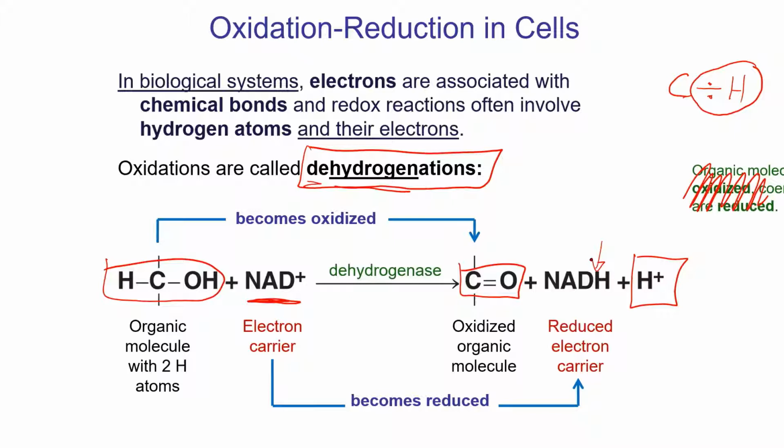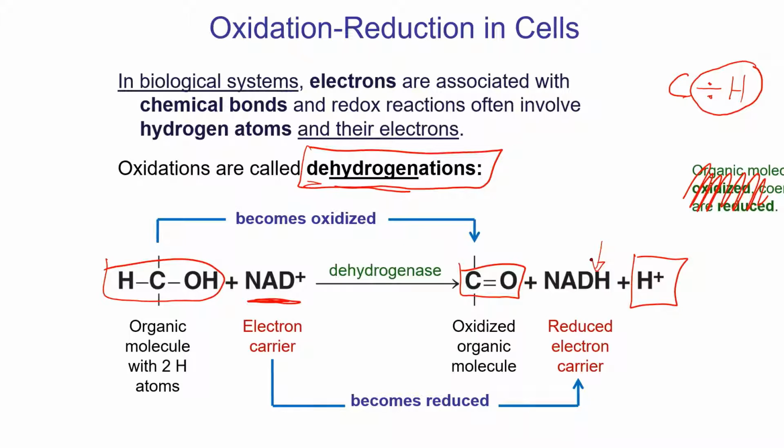So this is a dehydrogenation. You're going to see that word as well in some of the notes. Okay? And this is how most biological oxidations occur. It means you're scooping up a hydrogen and the electrons that go with it. So the electrons make it an oxidation because it's losing electrons. But remember, like I said, electrons don't usually freely exist loose out in the environment.